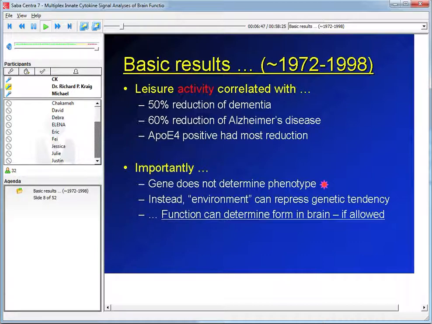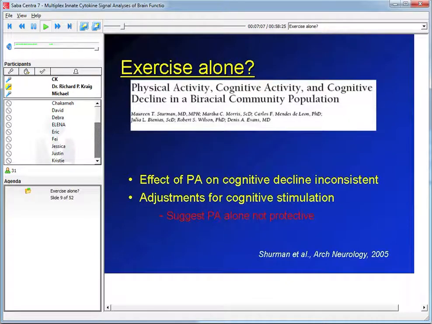It helps establish a phenotype, but the environment creates a phenotype, and the gene creates a propensity. So brain function, if allowed, can improve or deteriorate the brain, depending on the genetic propensity.